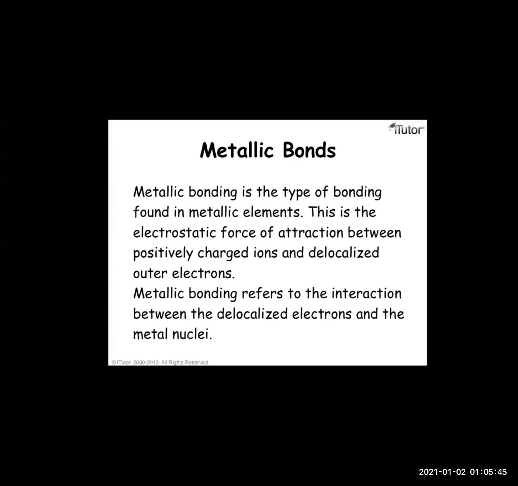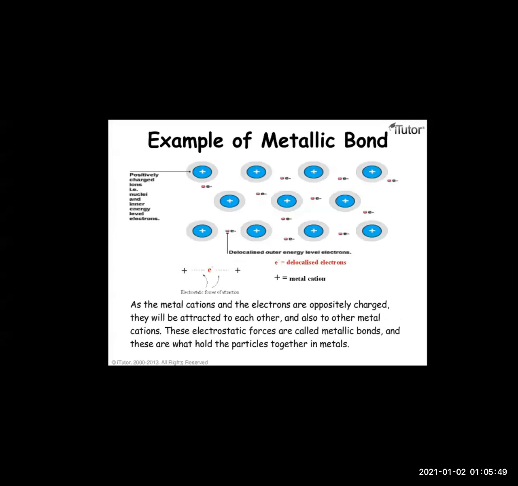So let's try to understand what happens in metallic bonds. Here you can see the delocalized electrons. The red color dots are the delocalized electrons, and the positive ones are the metal ions.